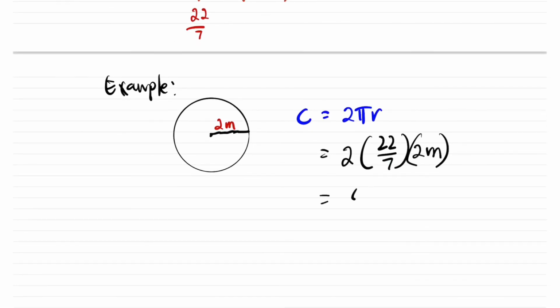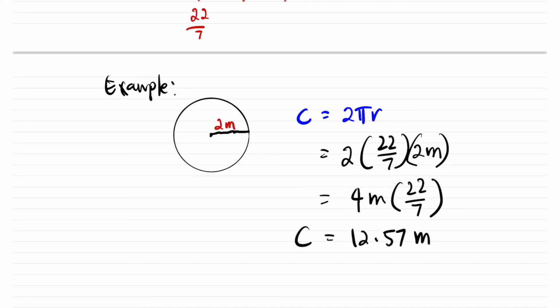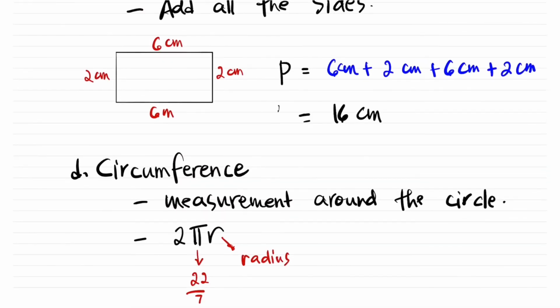Then we have 4 meters times 22 over 7. Alright, so 22 times 4 divided by 7, and we have the circumference is equal to 12.57 meters.